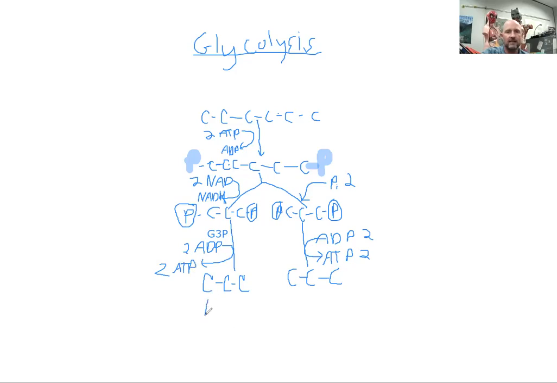Okay, and this molecule down here is known as pyruvate, and I am going to type that because I can. Okay, so we get pyruvate there. We also get pyruvate here.